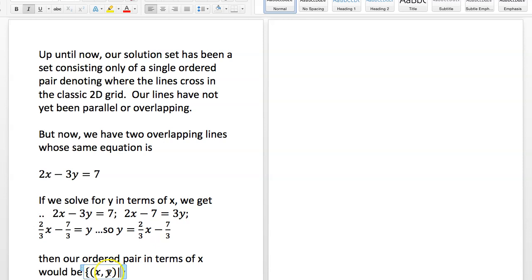Let's just do this. It's x comma, and x is just x, and y is 2/3 x minus 7/3.